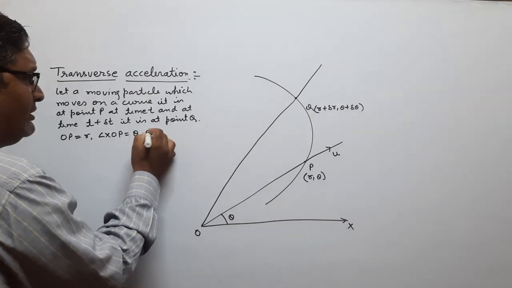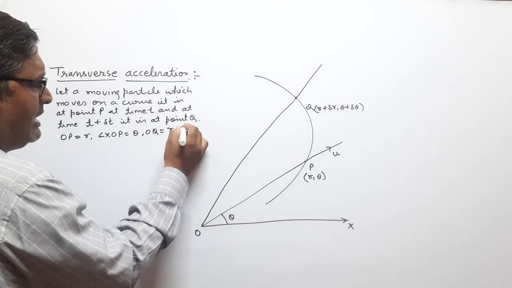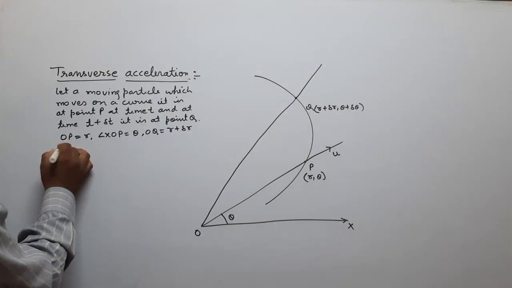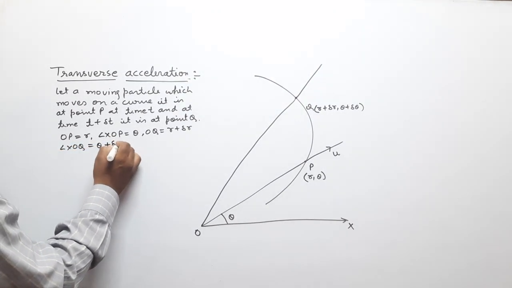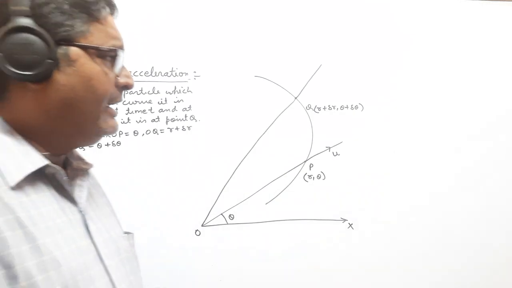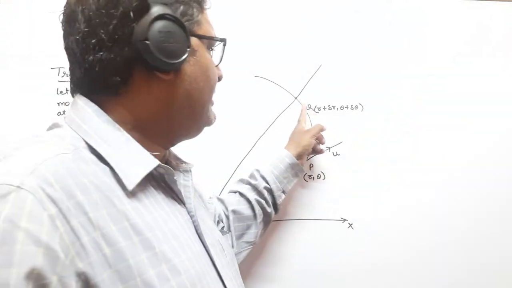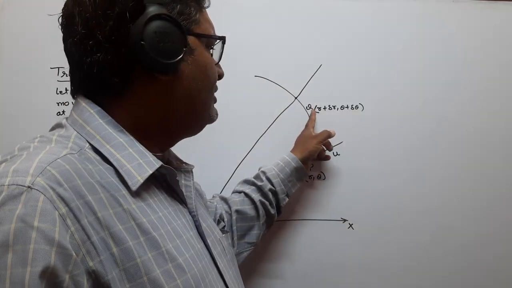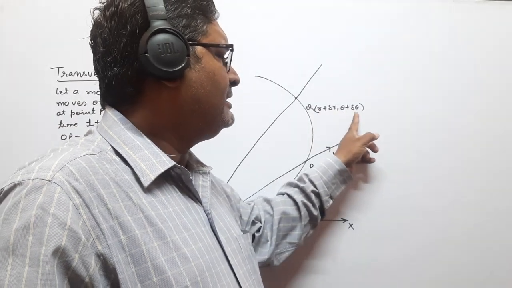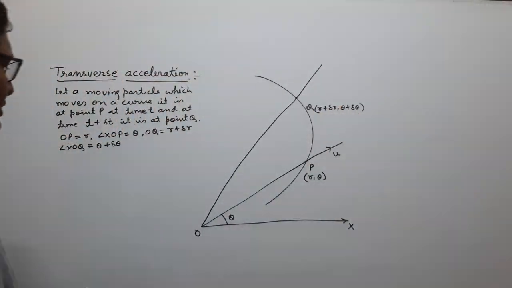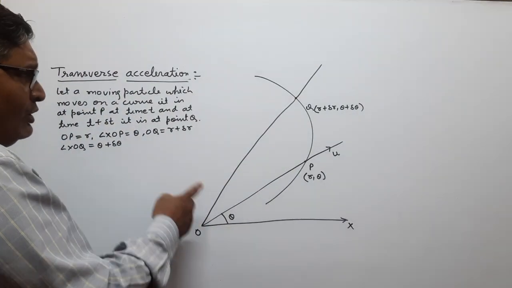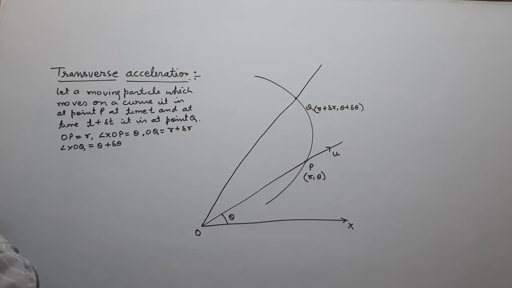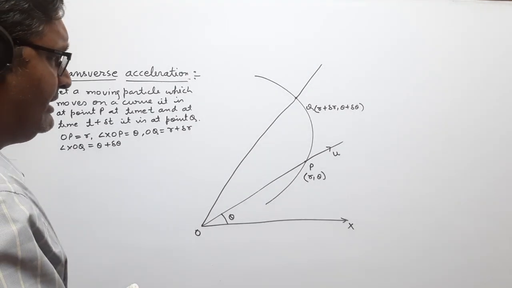So the radius vector OQ is equal to r plus del r and angle XOQ is equal to theta plus del theta.